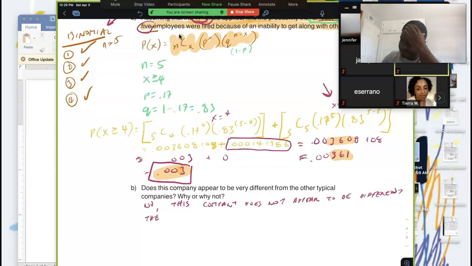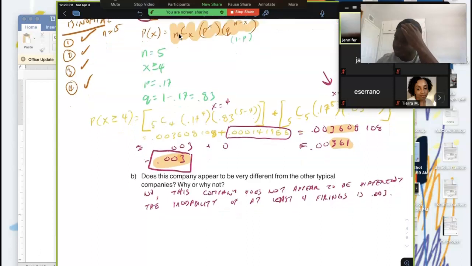The probability of at least 4 firings. It's 0.003.